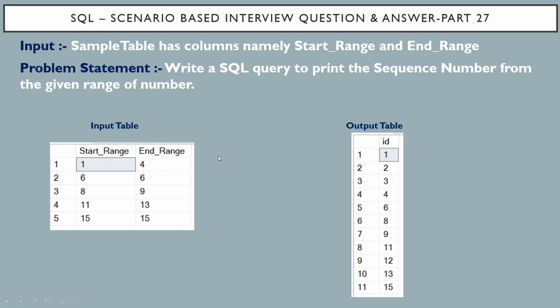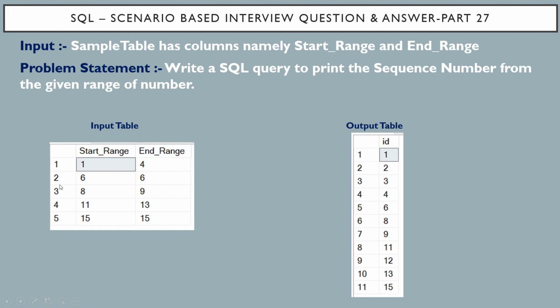If you see the input table, for the first row, we have the value 1 as the start range and 4 as the end range. In the output table, we are printing the sequence number from 1 to 4. You can see 1, 2, 3 and 4 there.